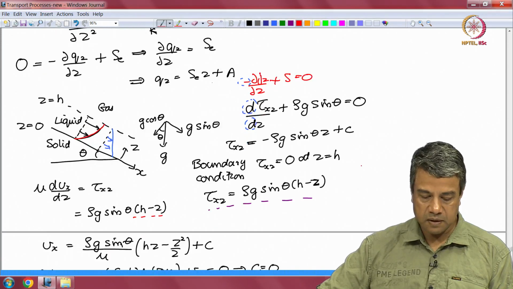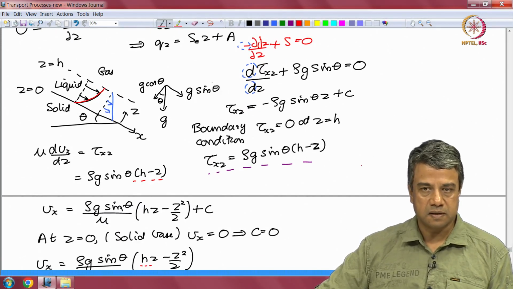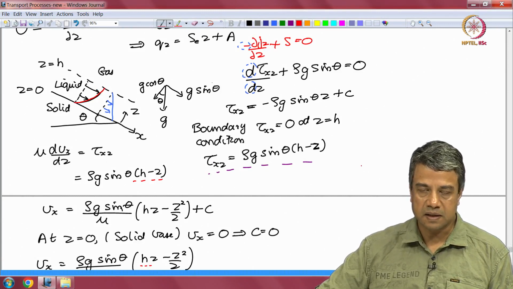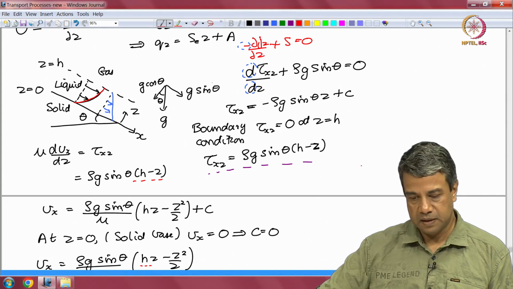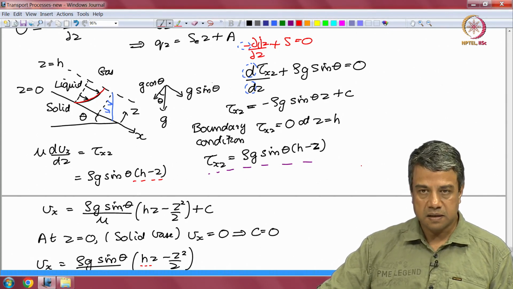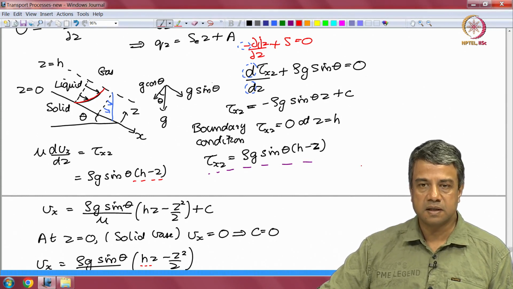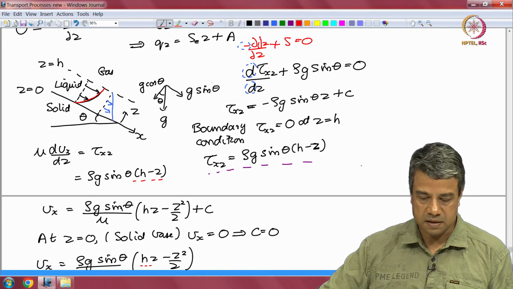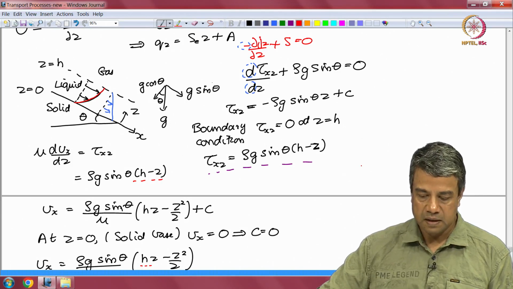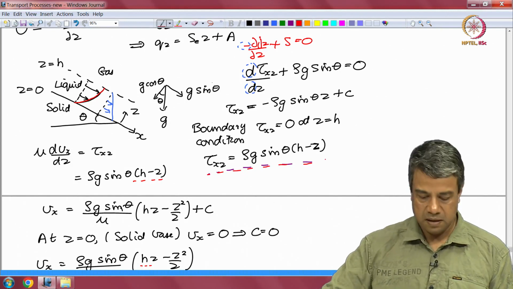Same thing for the flow down an inclined plane. The force density is a constant, rho g sin theta, where theta is the angle of the plane from the horizontal. Source is a constant, the force density is a constant, the shear stress is a linear function because it is one integral, rho g sin theta into h minus z.